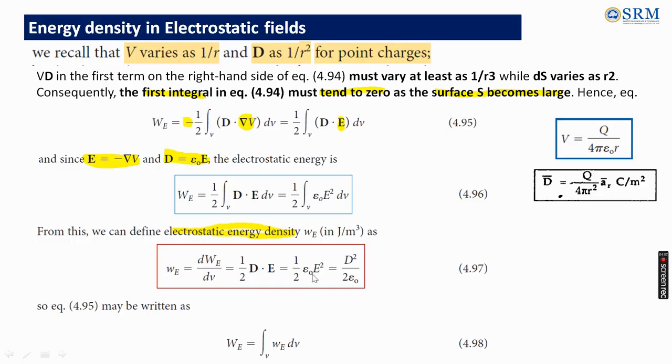For D, if I substitute epsilon naught E, I will get epsilon naught E square by 2, or I can write it another way: instead of E, I can substitute D by epsilon naught, so I will get D square by 2 epsilon naught. This is my final expression for electrostatic energy density, with the unit joules per meter cube, because it is the work done, or electrostatic energy, per unit volume.